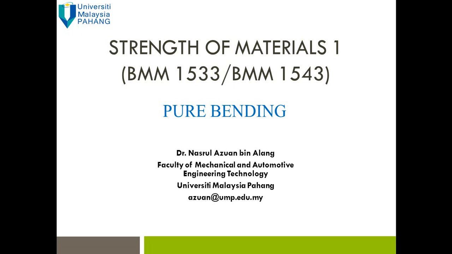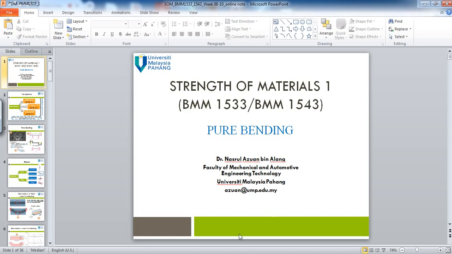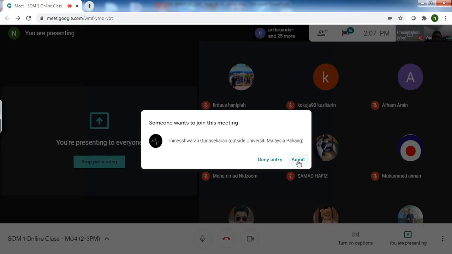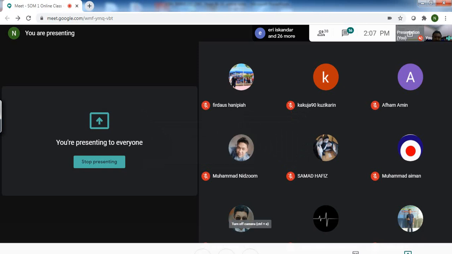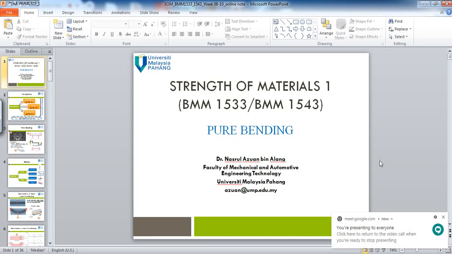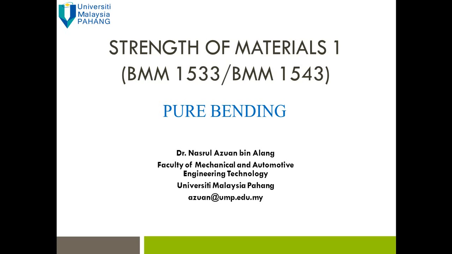So kita dah analyze beam, kita dah calculate stress and strain. Dalam video 1 kita analyze beam yang diperbuat ataupun made from single material. Nama lain dia adalah homogeneous material beam.